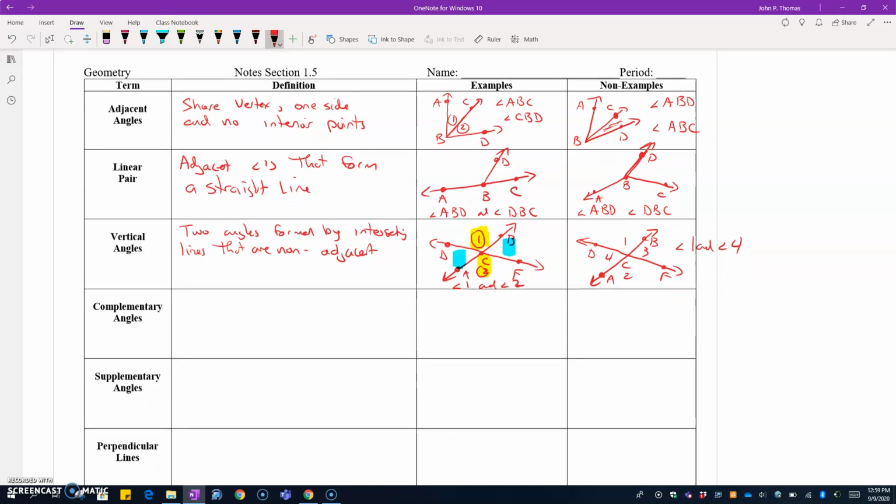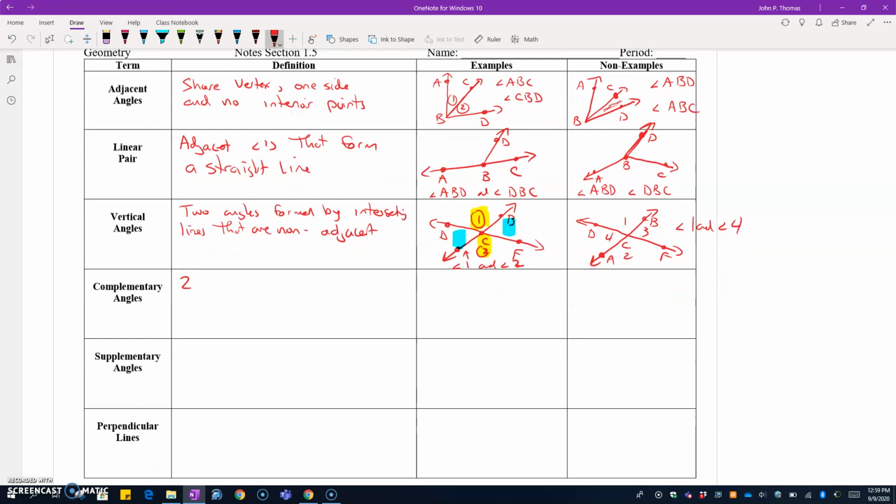All right, jumping to the next, complementary angles. This is two angles whose measures add to 90 degrees.